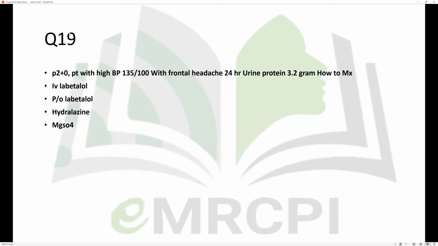Look, my friend, I always have one of the candidates in each batch asking me, or maybe a little bit confused, which one to go with. Is magnesium sulfate for the prevention of eclampsia first or is it antihypertensive medication first?